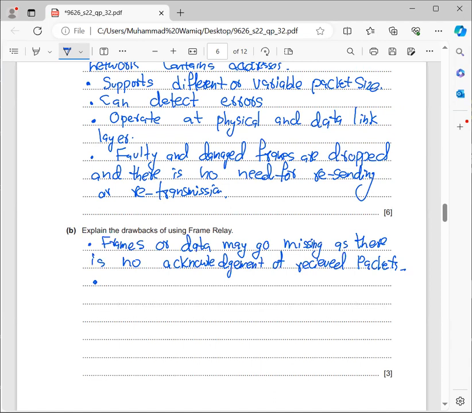Another point I can write here is that frames or data packets, don't forget to write packets, may not be delivered in the same sequence.